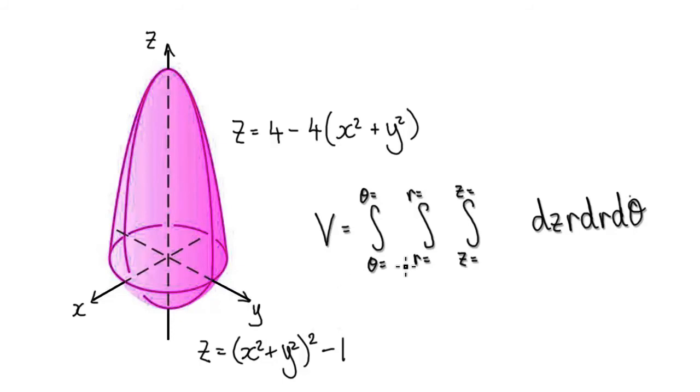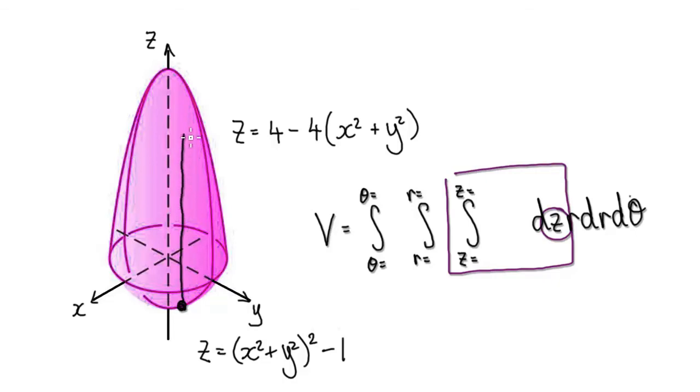Okay, so to do this, looking at the inner integral, we've got to work in terms of the height. So we would start at the bottom surface, and then move all the way up and stop when we hit the top surface.